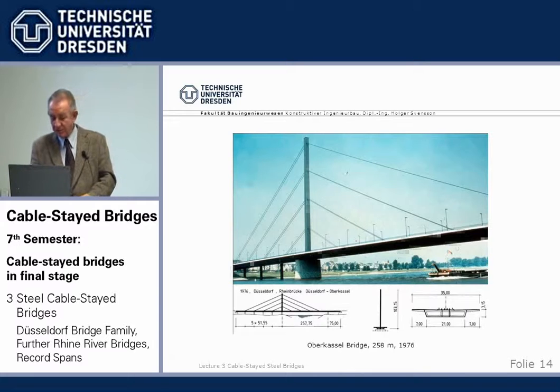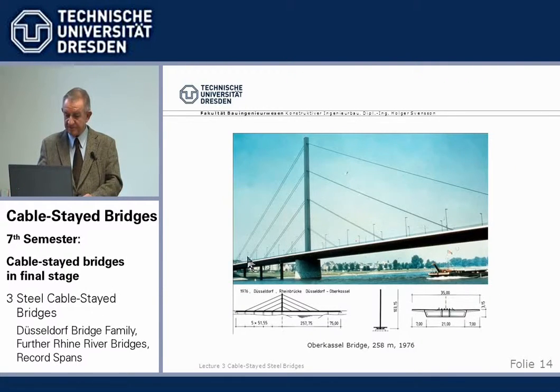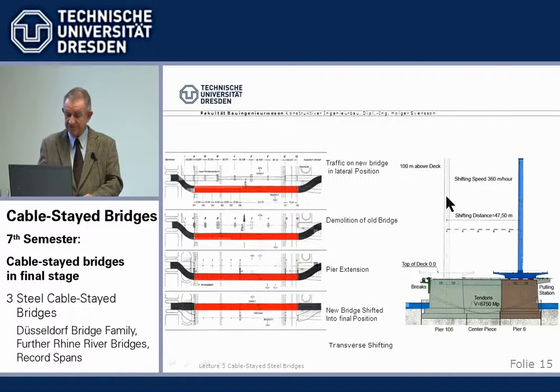And finally, Oberkassel, which had the speciality that you couldn't interrupt, that's a main inner city artery, and you couldn't interrupt the traffic there for an elongated time. So it was done that you build the new bridge parallel to the old.